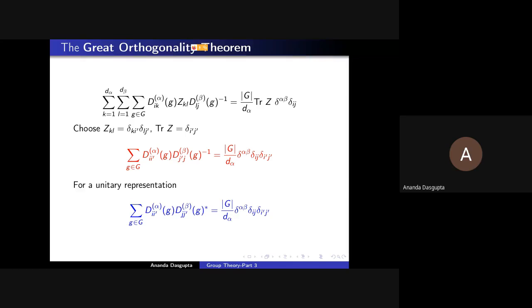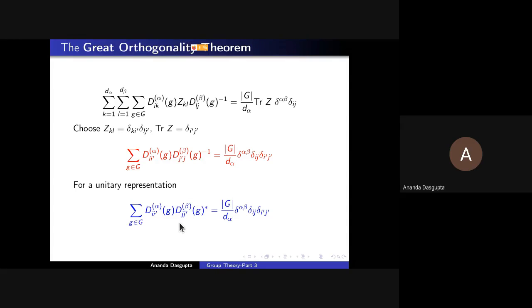There's one thing, as we said, most finite groups do have unitary representations. And in fact, they always have unitary representations if a group is finite. But all representations are not unitary, but they are equivalent to unitary representations for a finite group. If you have a unitary representation, then the matrices that you are getting are also unitary. And that means that this inverse matrix is actually the adjoint of the matrix for G. And because of the adjoint, you have a complex conjugate here, and also j prime j becomes j j prime.